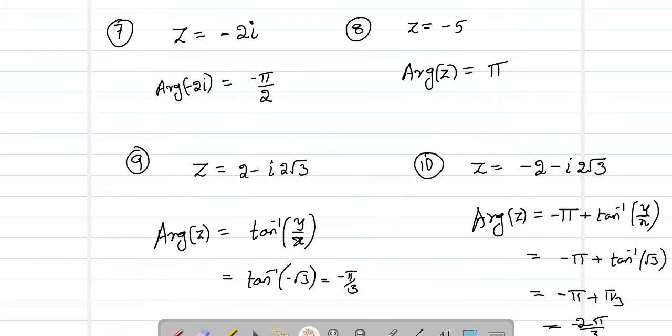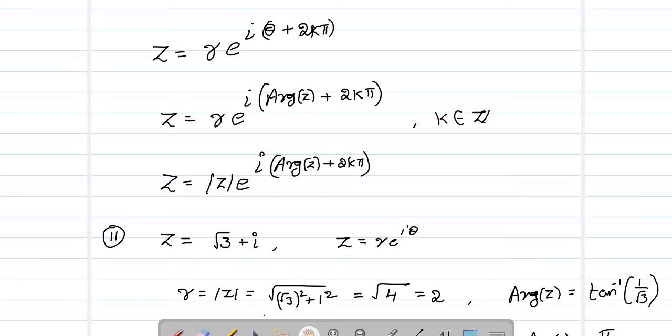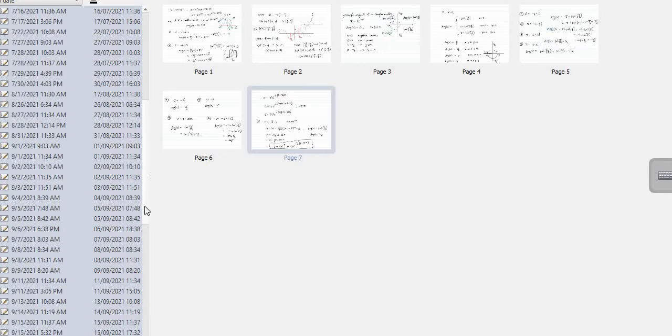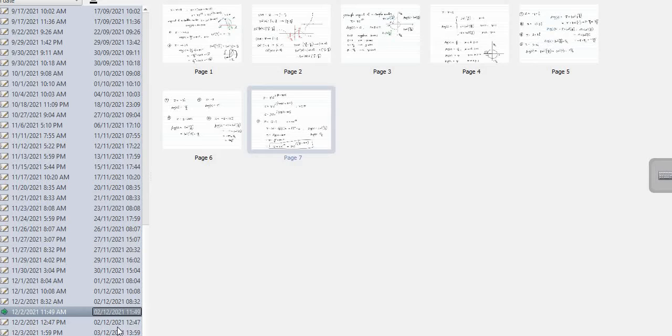I think we did enough problems yesterday on finding the argument and the principal argument of a complex number. See, it is always better to find the principal argument, and based on that, it's good to write the argument.